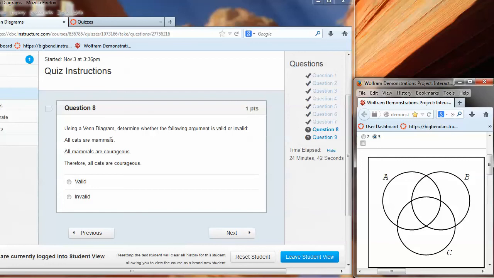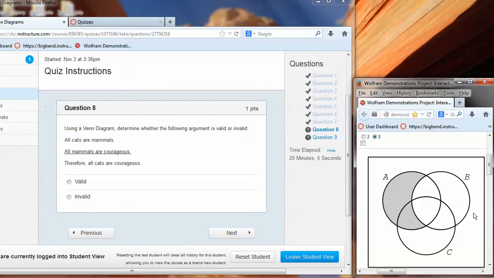So the first premise says all cats are mammals. So if A is our cat circle and B is our mammal circle, then all A's are B's. So we have to shade in the parts of the A circle that aren't in the B circle, which would be these two regions right here. Second premise says all mammals, that is all B's, are courageous, that is they are C's.